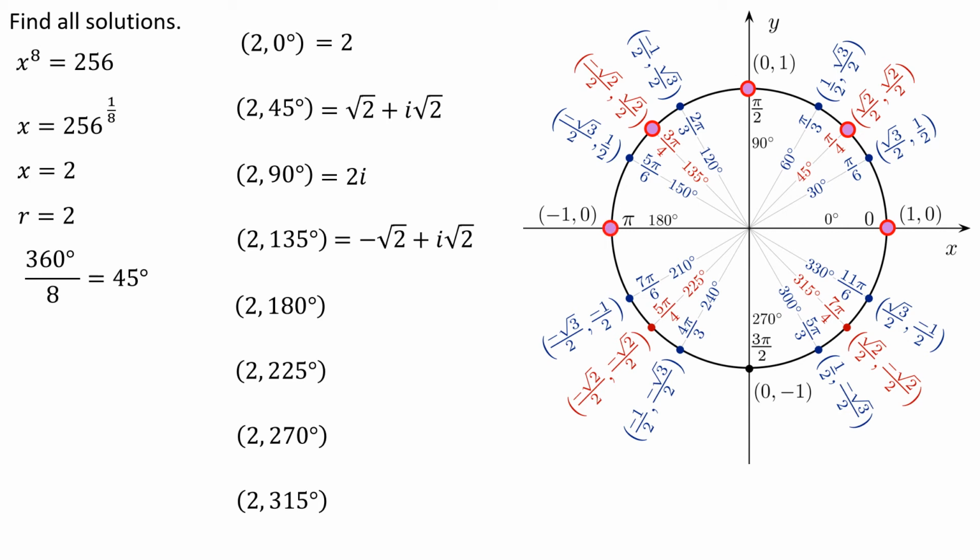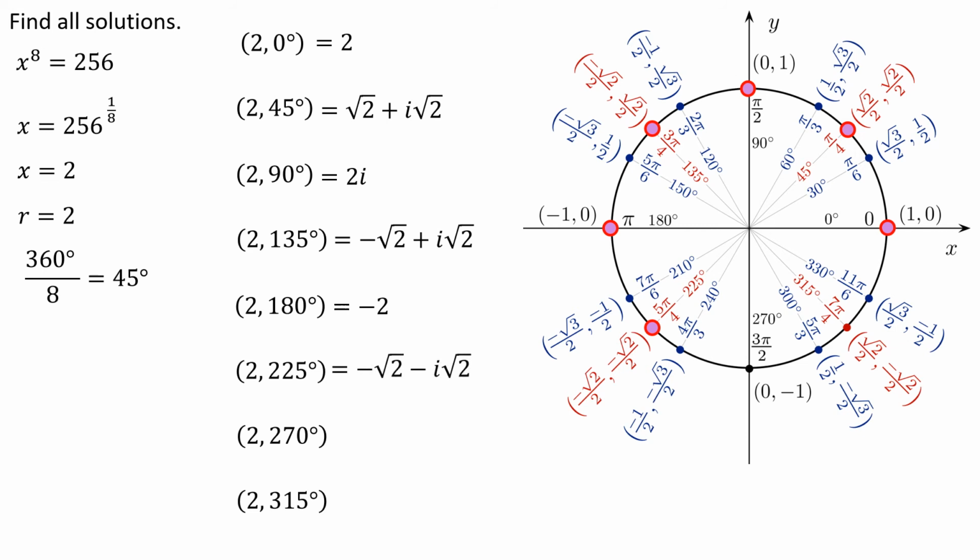Of course, 180 degrees, the answer better just be negative 2. 225 degrees, again, we're going to reuse some of these values, but because of the quadrant we're looking in, both values are negative.